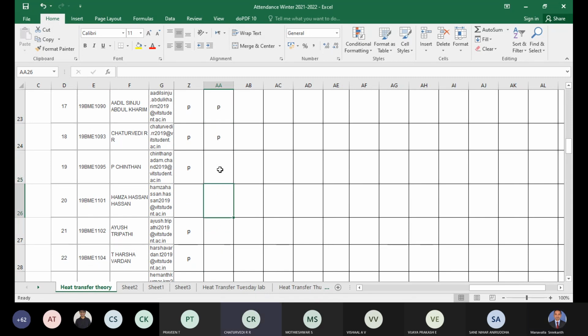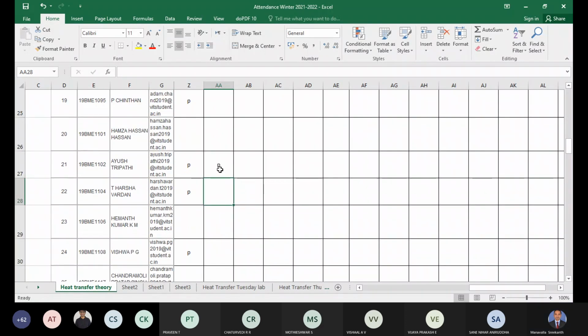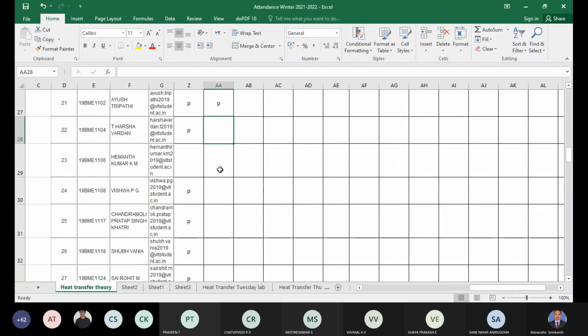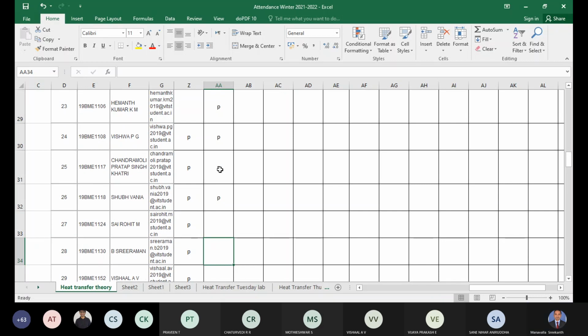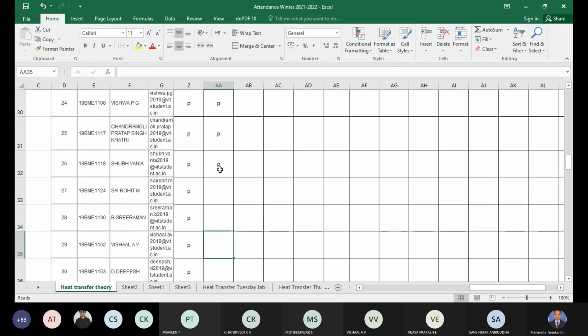Ayush Tripathi, present, sir. Anant Kumar, present, sir. Molly Singh, present, sir. Sriraman, present, sir.